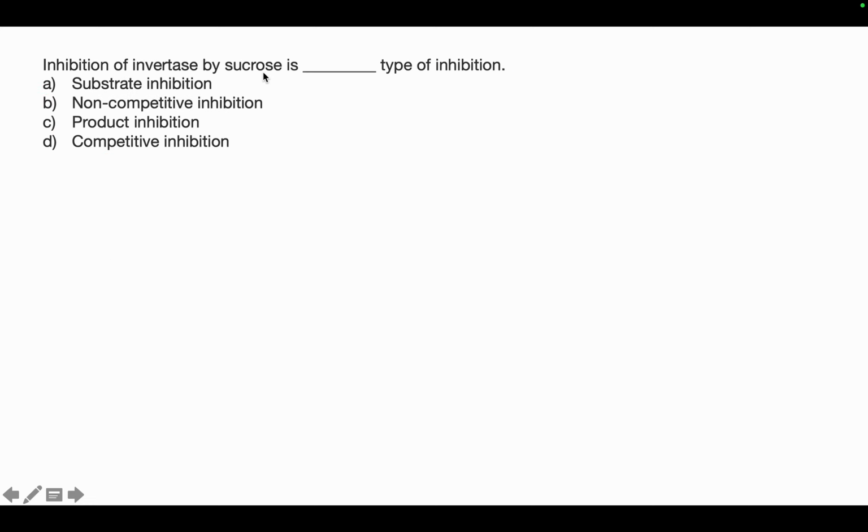Inhibition of invertase by sucrose is dash type of inhibition. So invertase is an enzyme. It converts sucrose. The substrate of invertase is sucrose. Okay, it converts sucrose into other sugars.